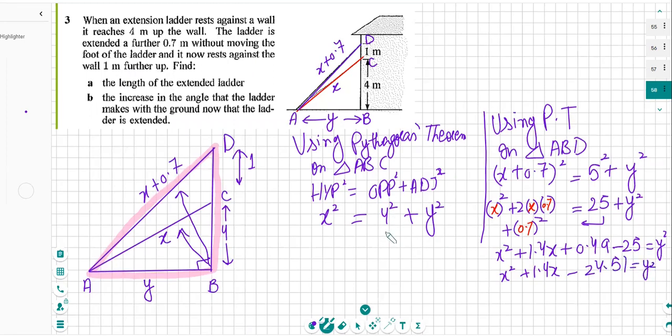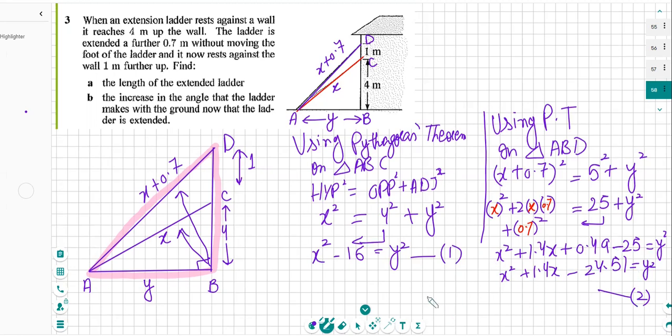Similarly, shifting this 4 squared to the other side as well, so we can have y squared on the right-hand side of this equation. So x squared, 4 squared is 16, so it becomes negative 16 there. So you can see the first equation and the second one. Both expressions are equal to y squared.